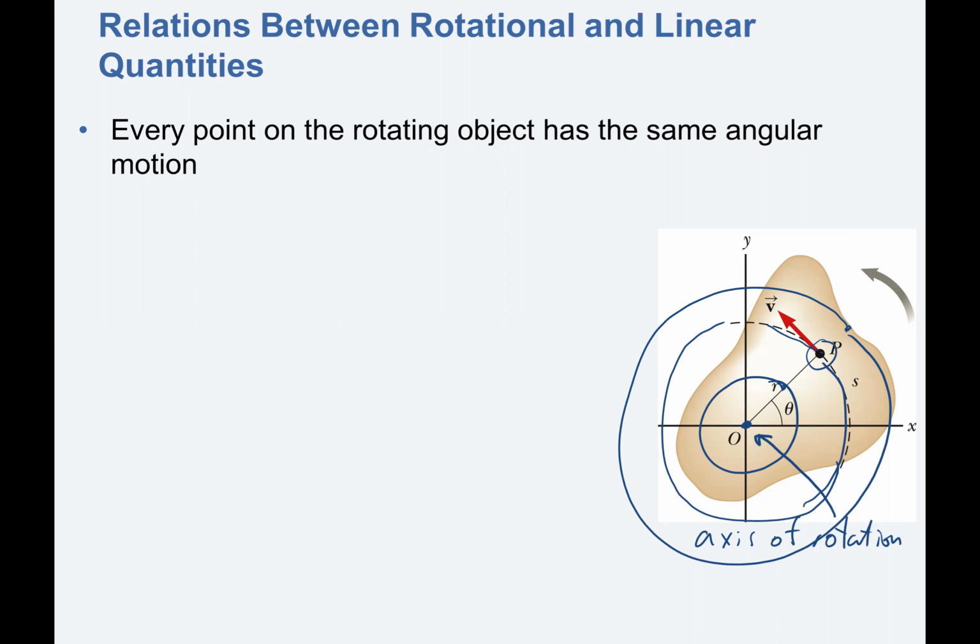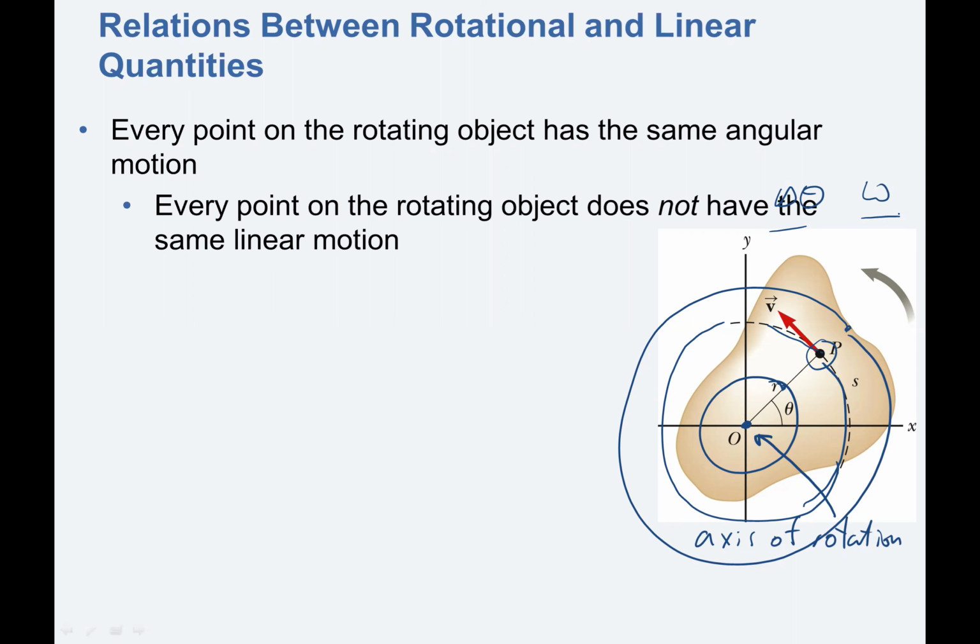That means every particle has the same delta theta and the same omega at exactly the same time. They all undergo the same displacement at the same angular speed. So that's why every point undergoes the same angular motion. But how about the linear motion?